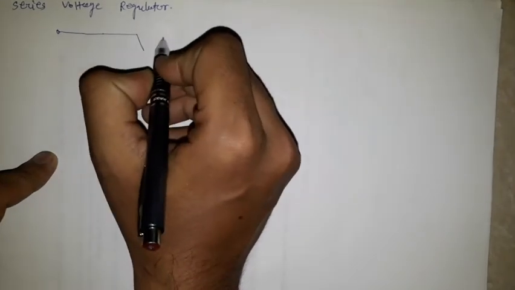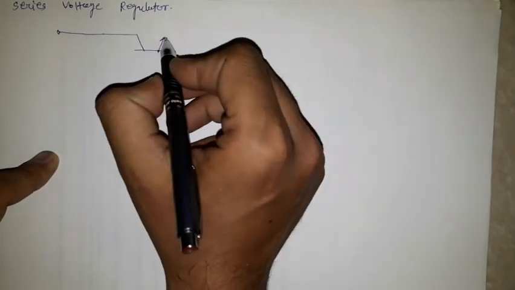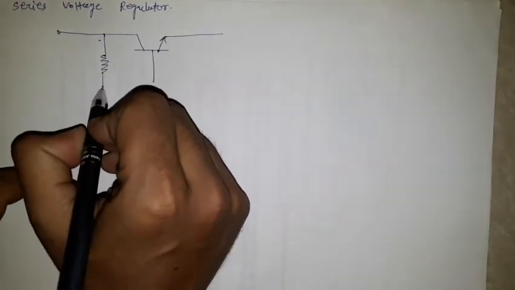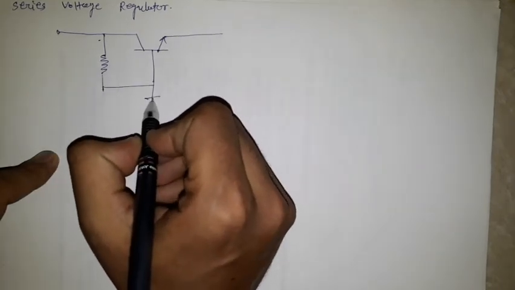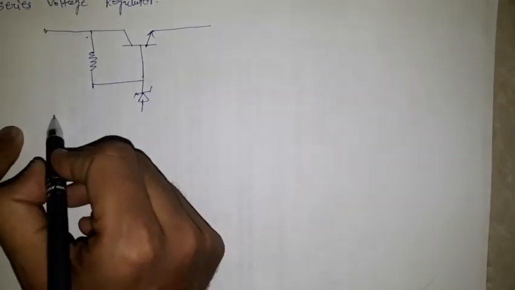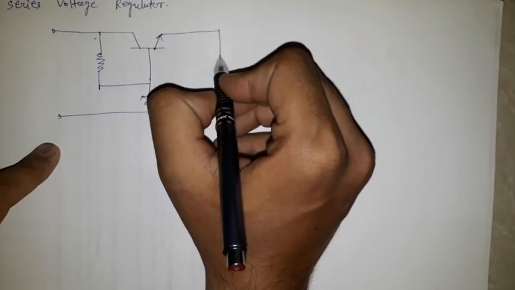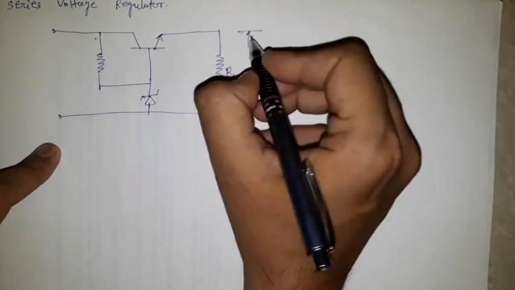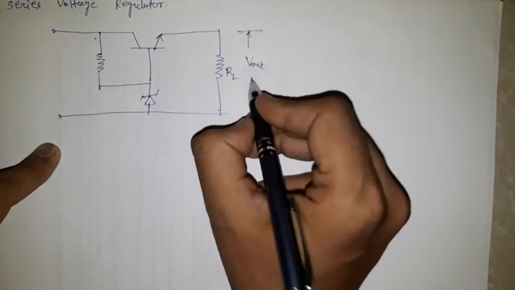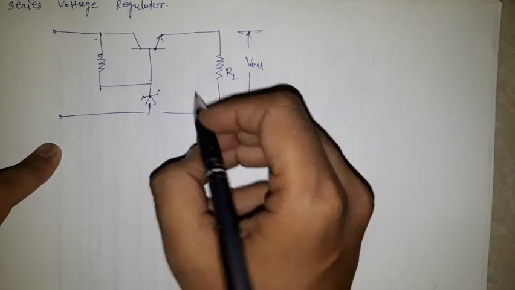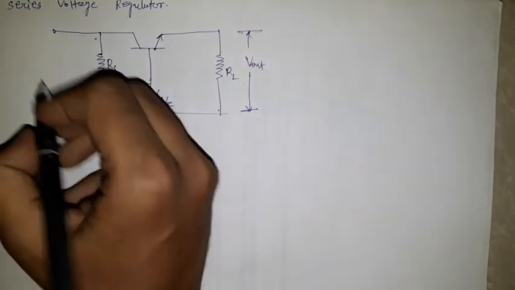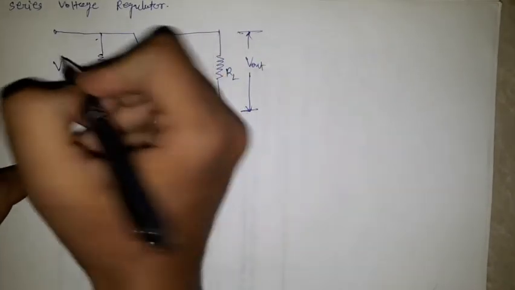The transistor is placed in series, then the Zener diode is placed here, here is RL, Vout, here is the Zener voltage VZ, here is RS, and here is the input voltage Vin.